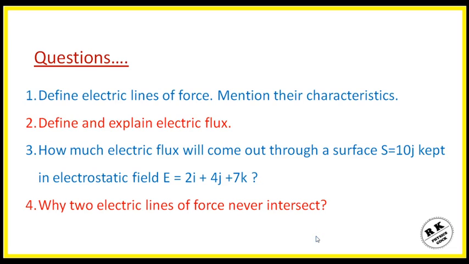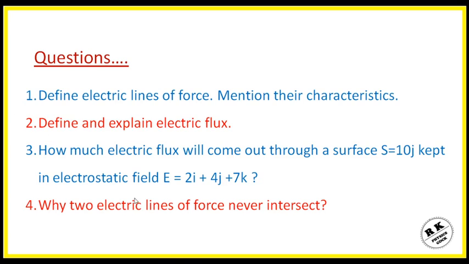Now, let us see what are the possible questions on these topics in university exams. The first one is: define electric field lines of force and mention their characteristics. Second one is: define and explain electric flux. This is a numerical problem.